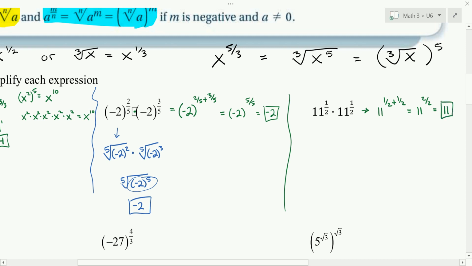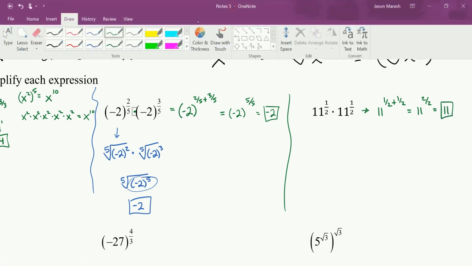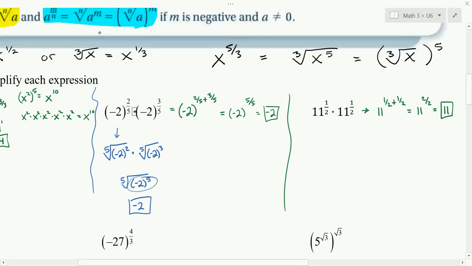Good. Can you see how it would work the other way? What's 11 to the 1/2 written as a root? Square root of 11 times the square root of 11 is 11.